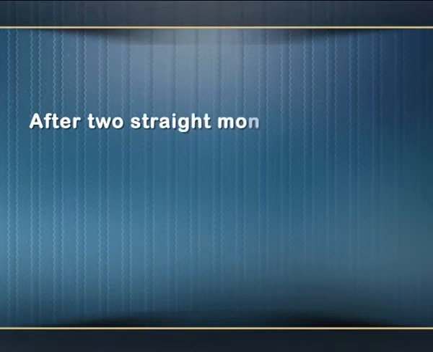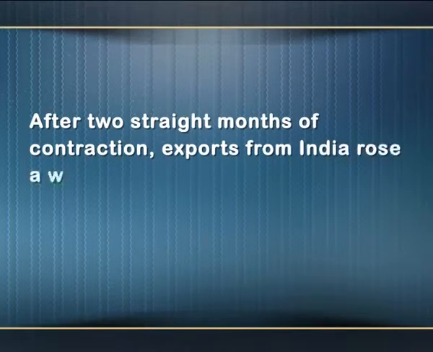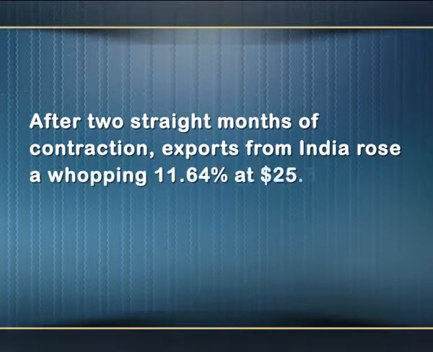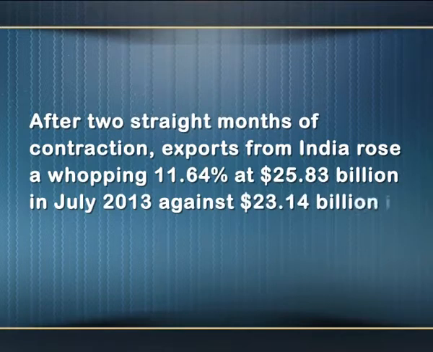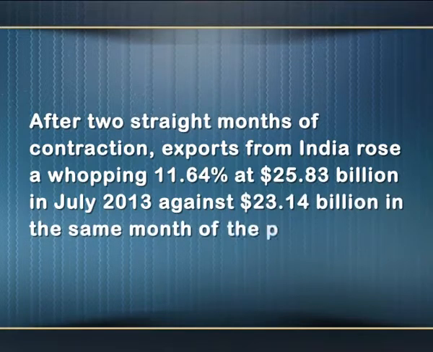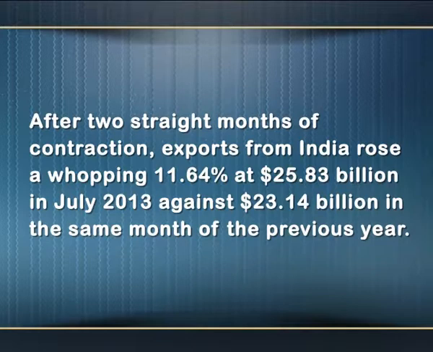After 2 straight months of contraction, exports from India rose a whopping 11.64% to $25.83 billion in July 2013, against $23.14 billion in the same month of the previous year.